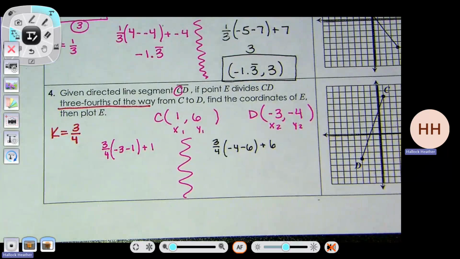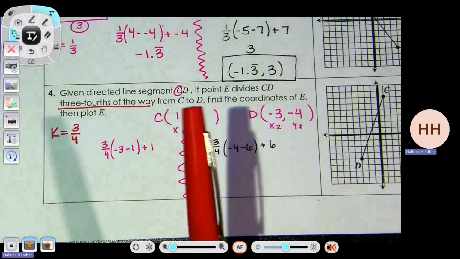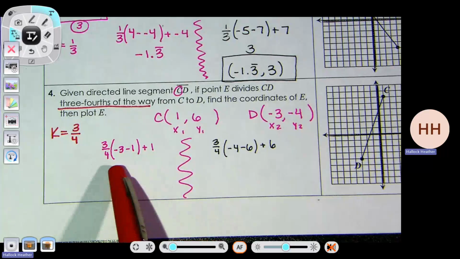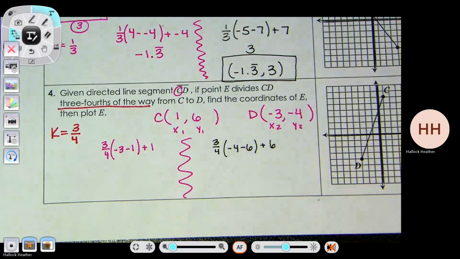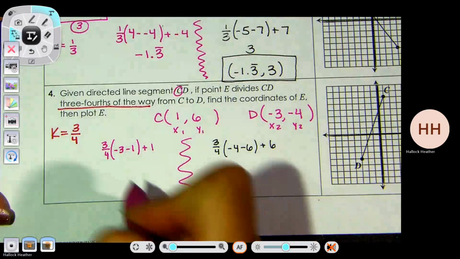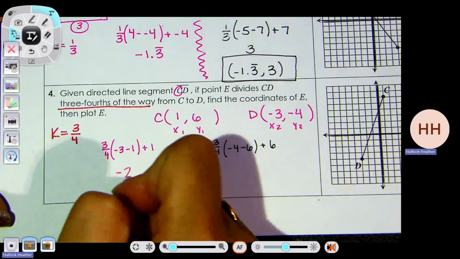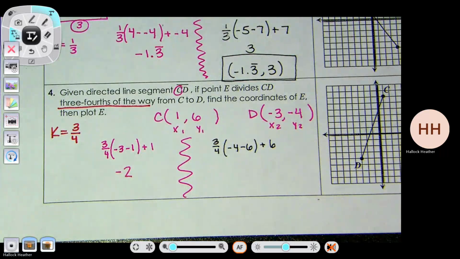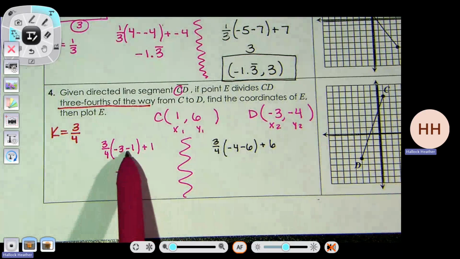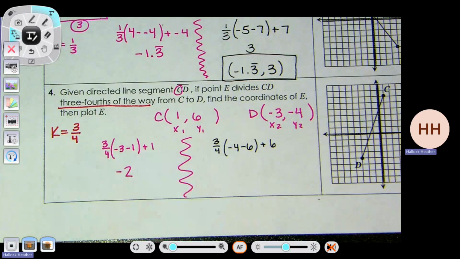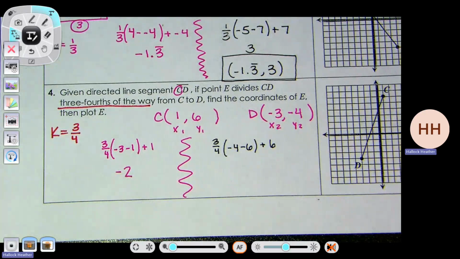Okay, so if you type this into Desmos, somebody with Desmos up, what does this come out to be? -2. This one should be -2, right? Are you using Desmos or the calculator? Did you put a double negative here? Did you plug in the line?